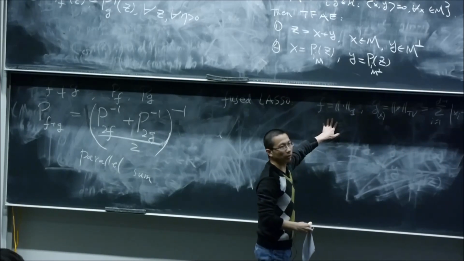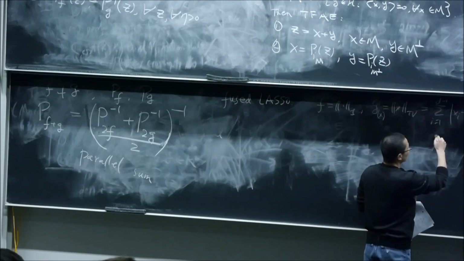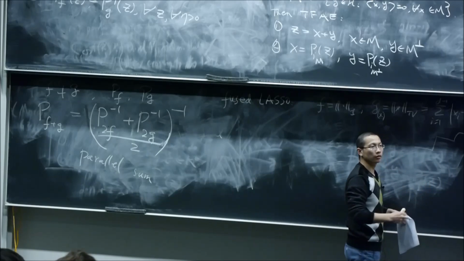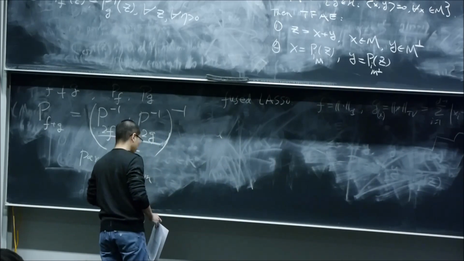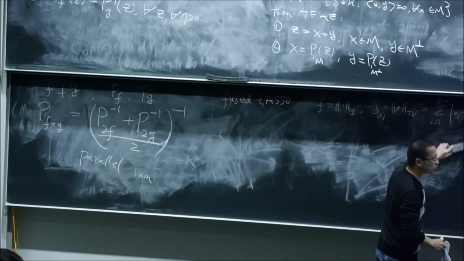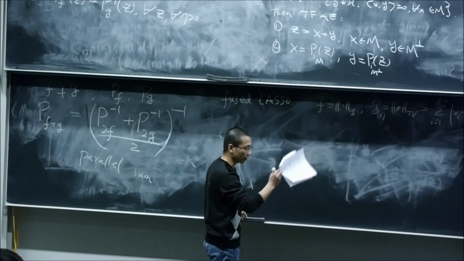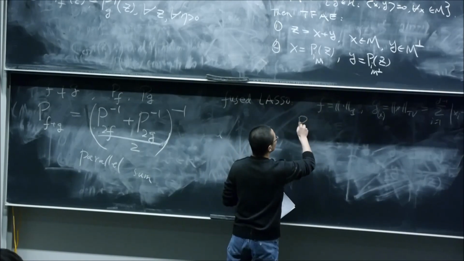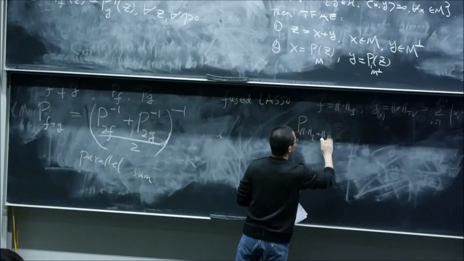So this one gives me sparsity. This one gives me continuity. Essentially, I want a signal to be piecewise constant. So this is the fused lasso. It was proposed by Tibshirani and his co-authors, I think in 2005. At the time, they didn't know how to compute the one norm plus total variation.